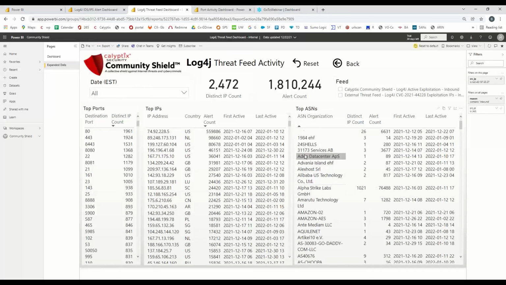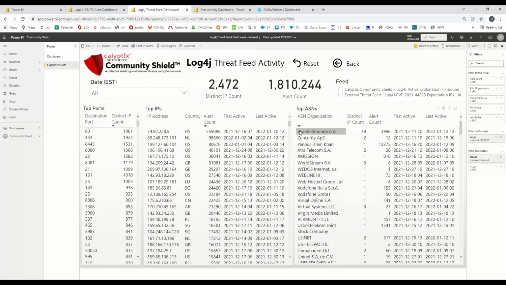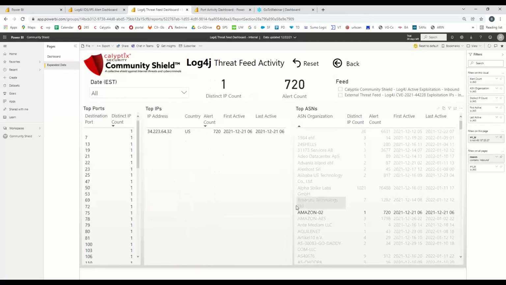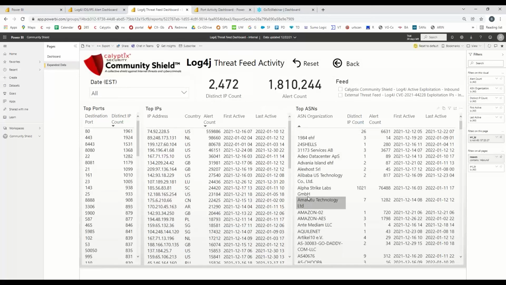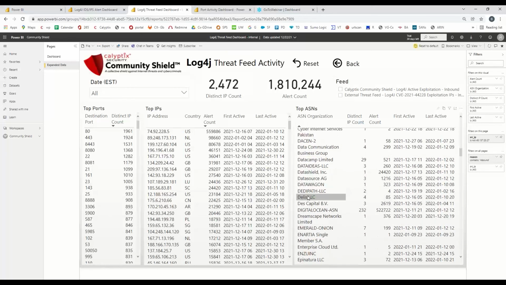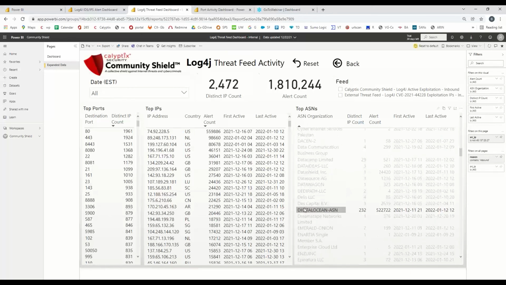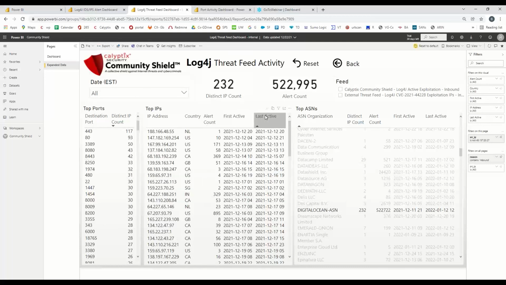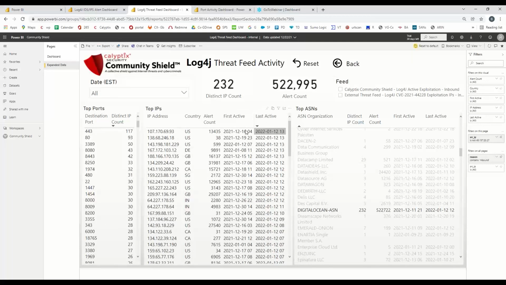If we sort alphabetically and look at Amazon, again, first detected, last detected same day, it wasn't active very long. If we look at DigitalOcean, where that's coming from, you can see that their infrastructure is being used today that was used on the 16th.